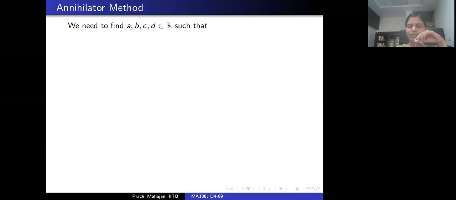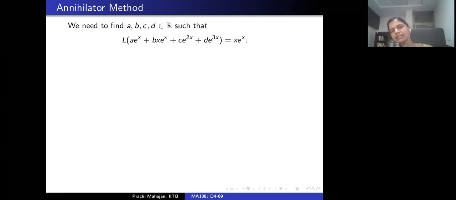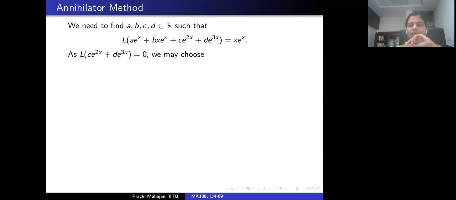And now we need to find each of these constants a, b, c, d, such that L applied to this is the function R, which in this example is x times exponential x. Now we remember that L applied to exponential 2x and exponential 3x is 0. Exponential 2x and exponential 3x actually form a basis of the solution space of Ly equal to 0.